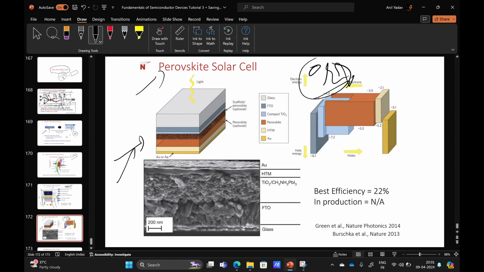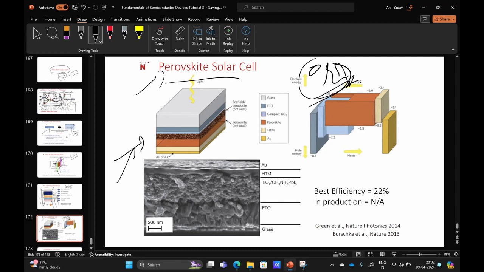If you can make a solution, you can paint the material, or just drop it over the substrate and deposit that layer.